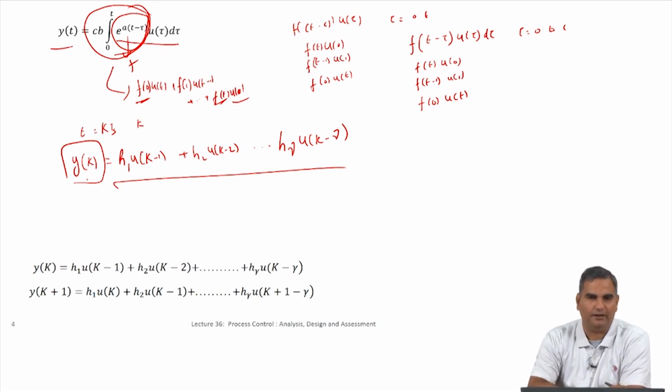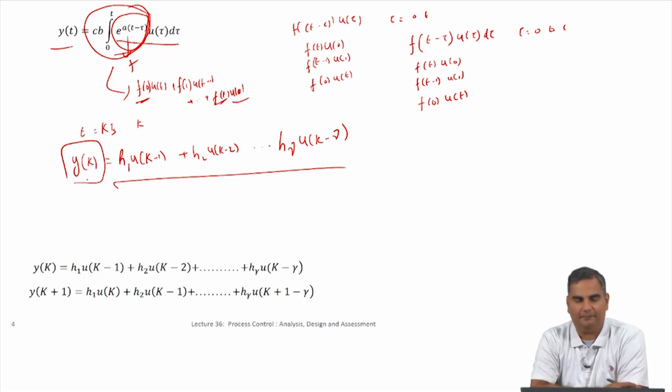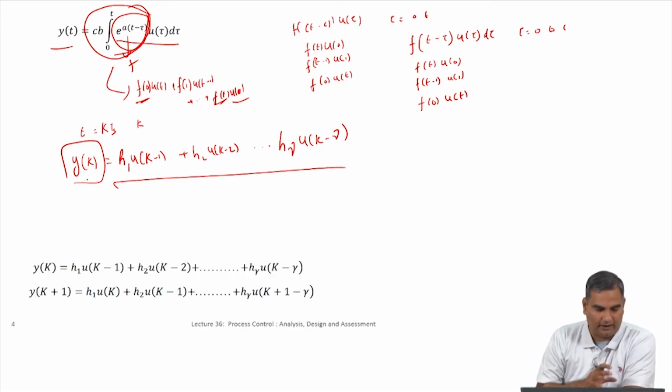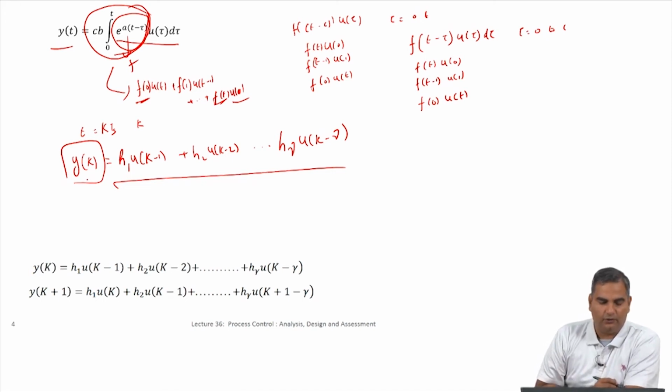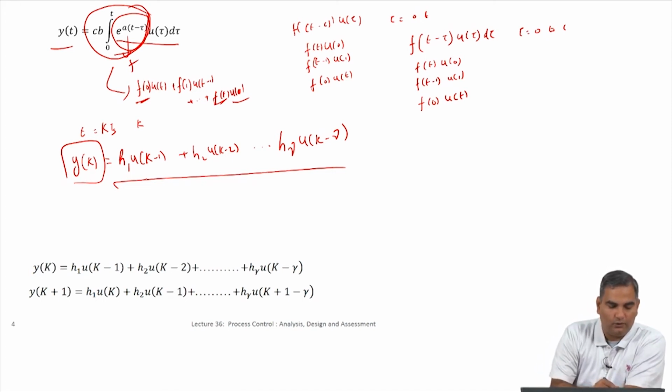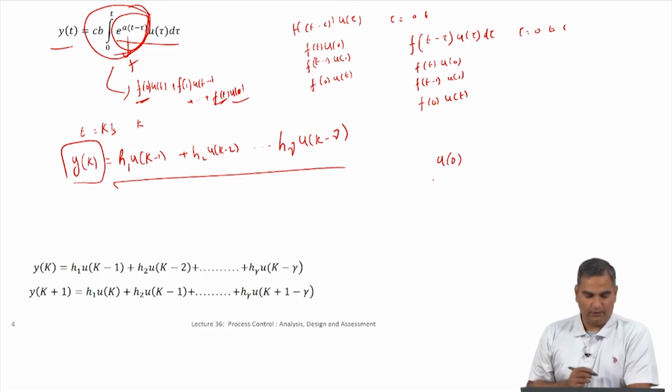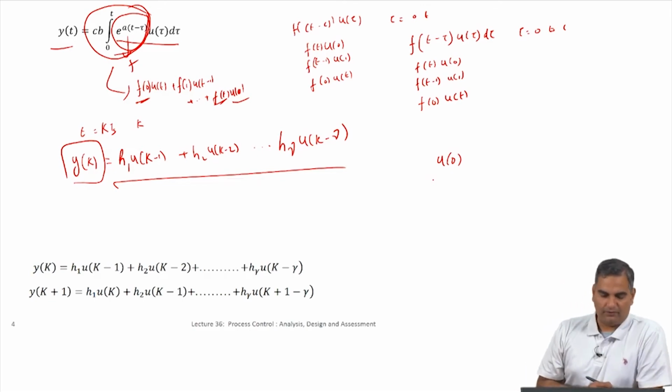You would typically expect that things that are recent will have more impact. In general, this need not always be the case, but as far as this class is concerned, let us keep things simple and simply interpret this equation. So, the past moves are u k minus 1, u k minus 2, u k minus gamma, and in fact I will go all the way to u0. But in general, when we look at these discrete model forms, we will say there is some memory in the system.